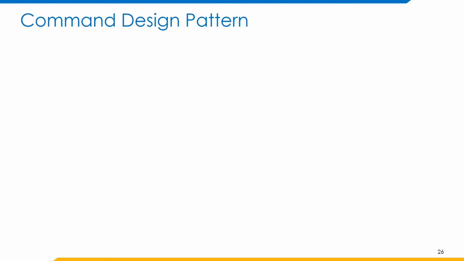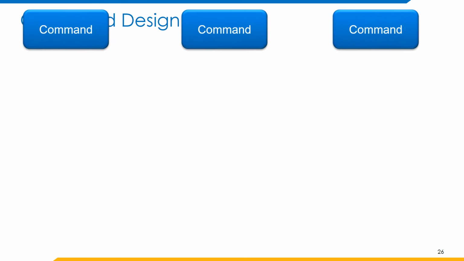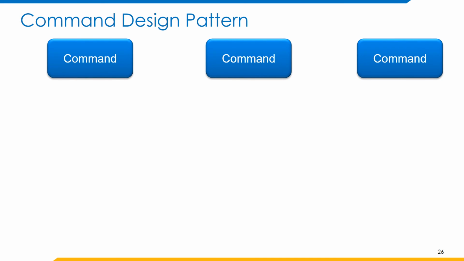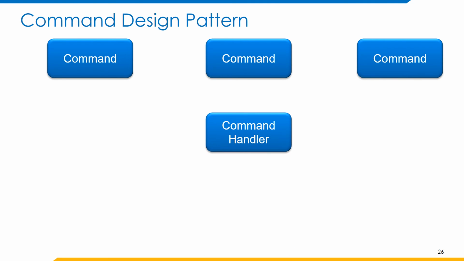For example, we have different commands and there is one command handler. It will get all the commands in object format and it will perform the required action according to the command.